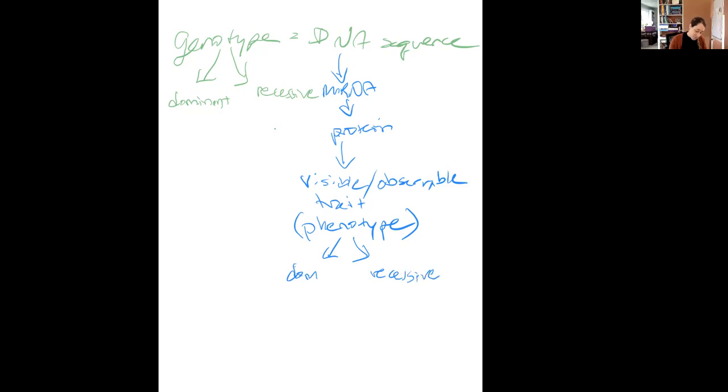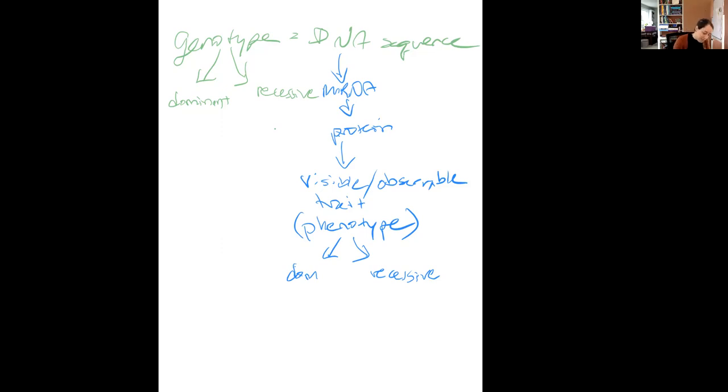But we also know that we have 2 copies of every gene, one from our mother and one from our father. So we can have a dominant version of the gene for polydactyly.